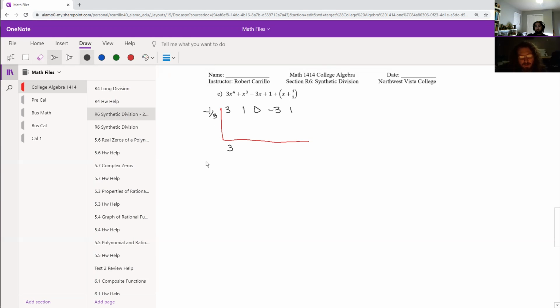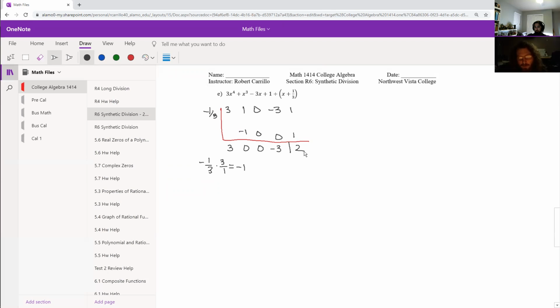Do our multiplication. -1/3 times 3 is -1, so we get 0 when we add that. When we multiply across, we add down: 0. -1/3 times 0 is another 0. We bring down a -3. -1/3 times -3 is 1.